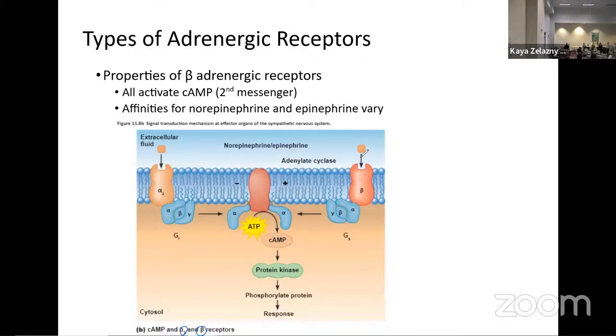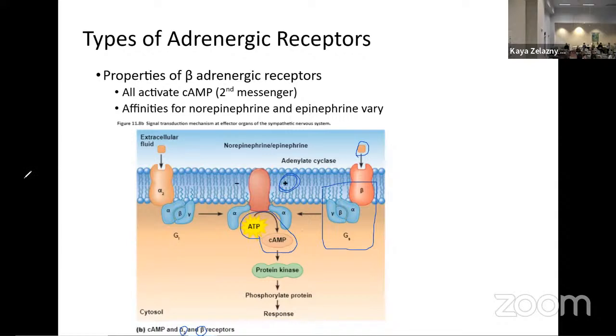So our beta receptor, generic beta receptor 1, 2, or 3, here we have our epinephrine or norepinephrine coming in. It's a G protein coupled receptor because all of our adrenergic receptors are. And here on this diagram, you want to key in on this plus sign. So this plus sign is indicating to you that this is activating this cyclic AMP, which then does stuff.